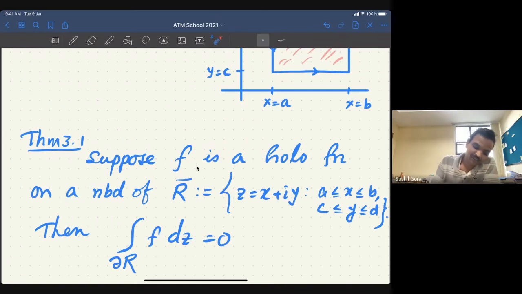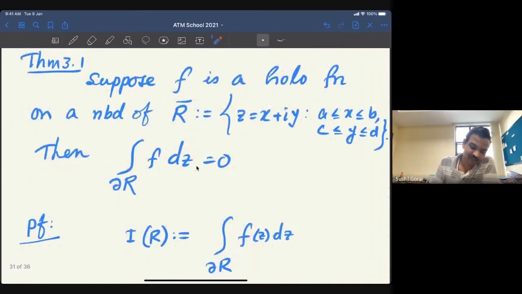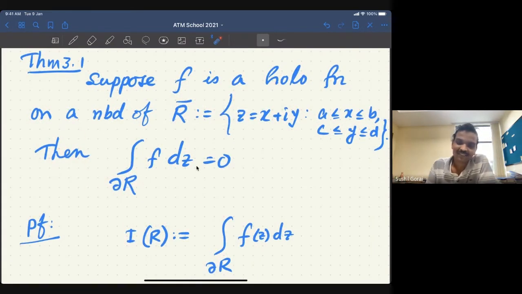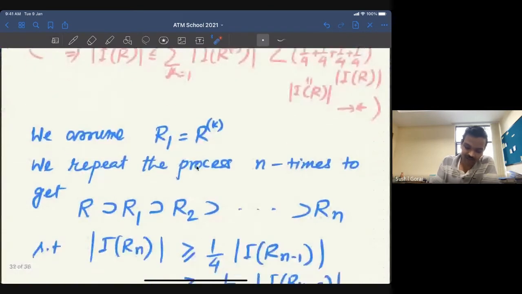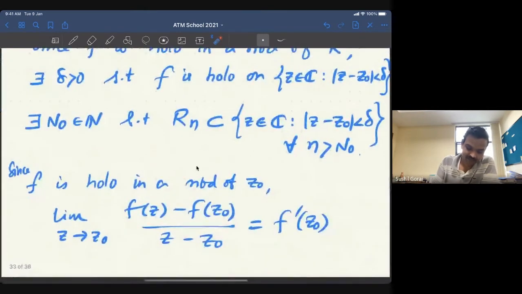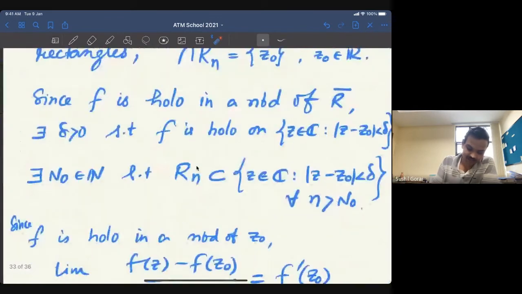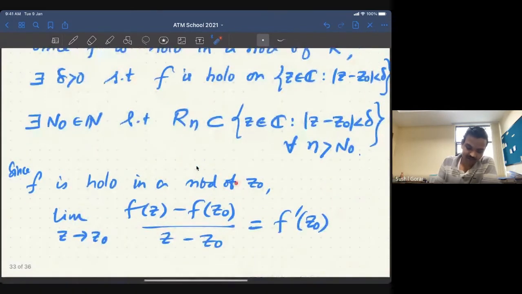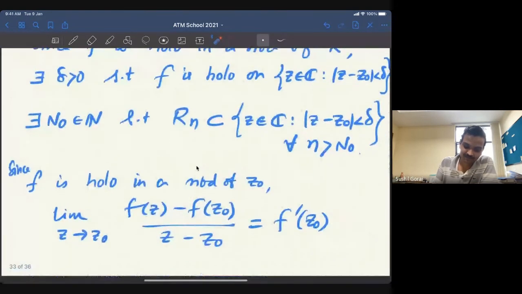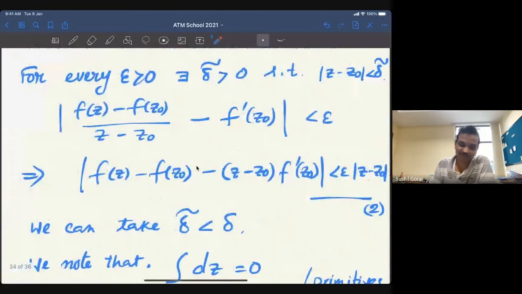You cannot remove the continuity of the derivative until this theorem. Here, in the holomorphicity, we have just used the existence of this limit. We did not use continuity anywhere. So go back and check that you must have somewhere assumed the continuity of the derivative.